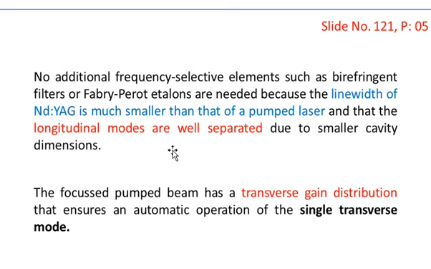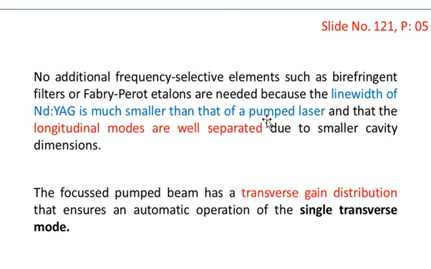So you see that there are two important features. Number one is that this is the Nd:YAG ring cavity. We cannot place any components within that cavity. So we cannot place any birefringent filters or any Fabry-Perot etalons inside the crystal, because the crystal is acting as a monolithic component.